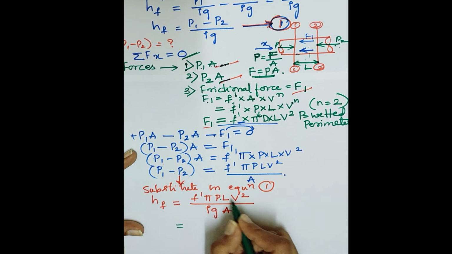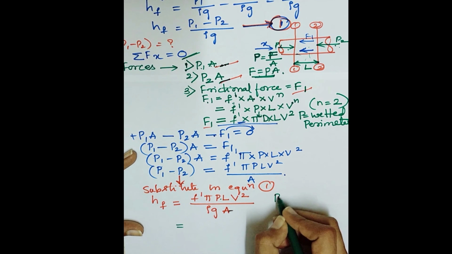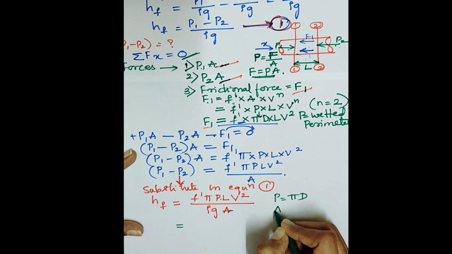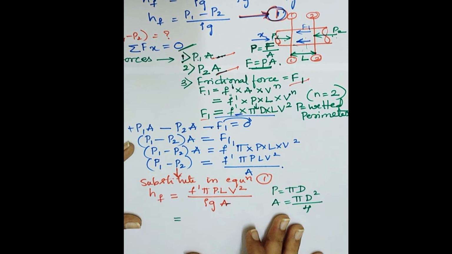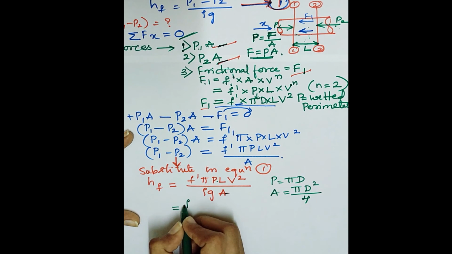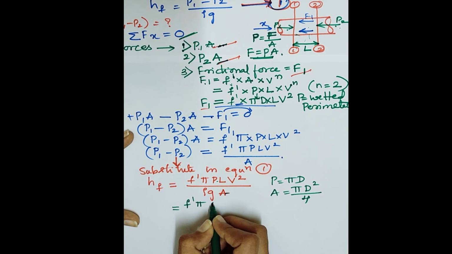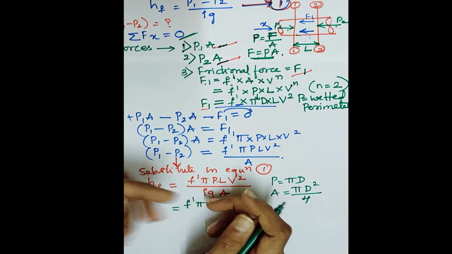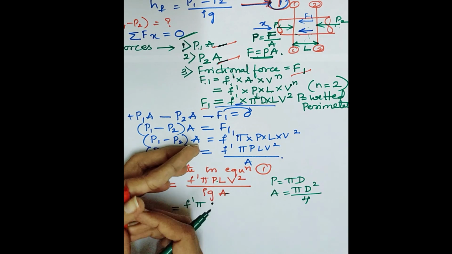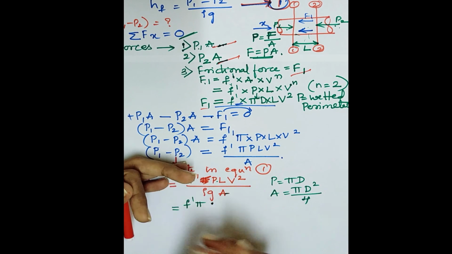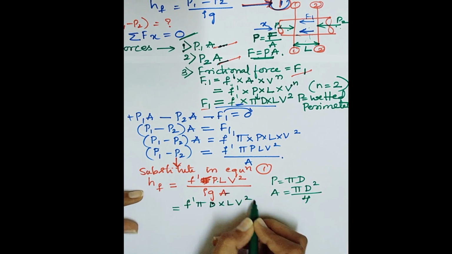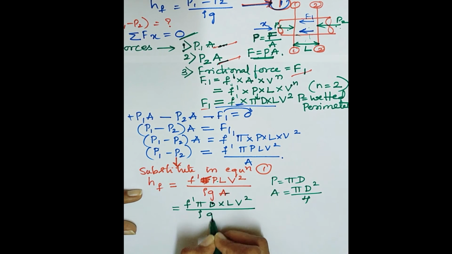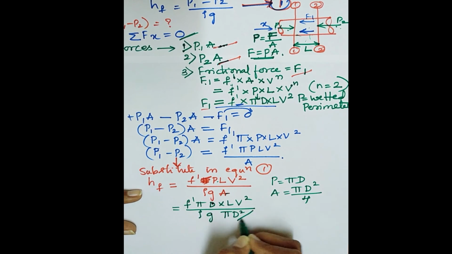What is the perimeter and what is the area? Perimeter is pi into d and area is pi d square by 4. We'll substitute that. It is F dash P L into V square, so the perimeter is pi into D into L into V square divided by rho G into pi D square by 4.